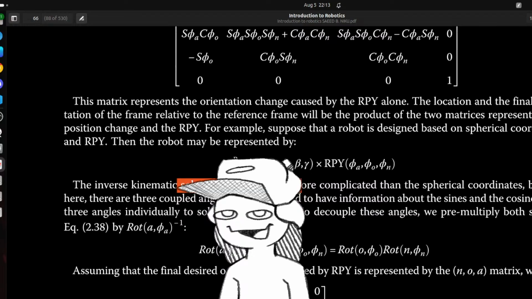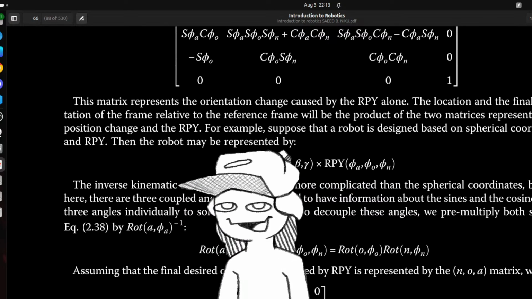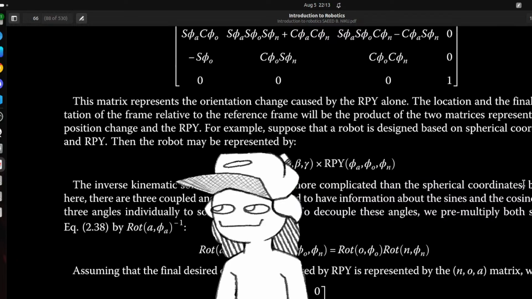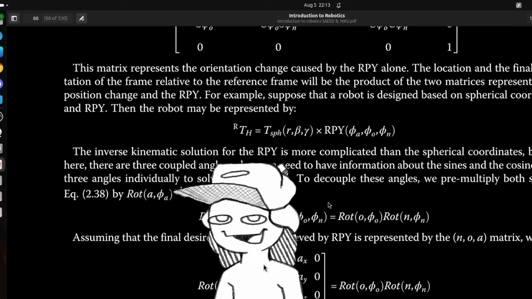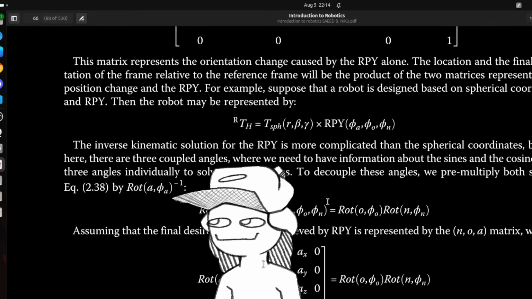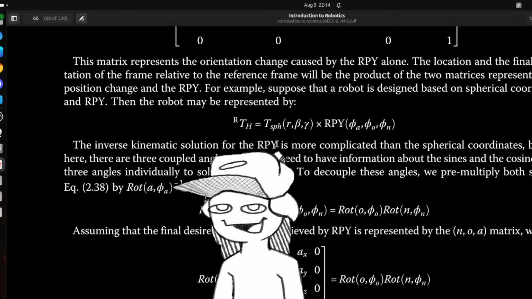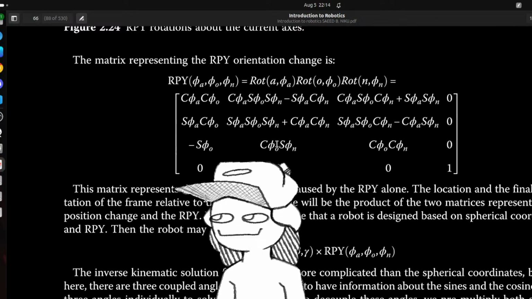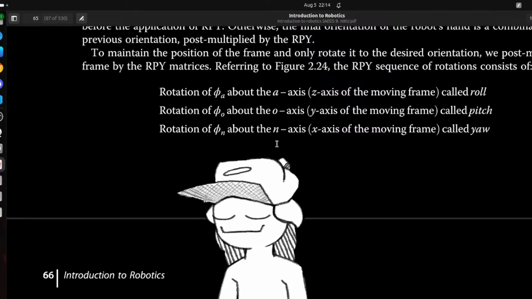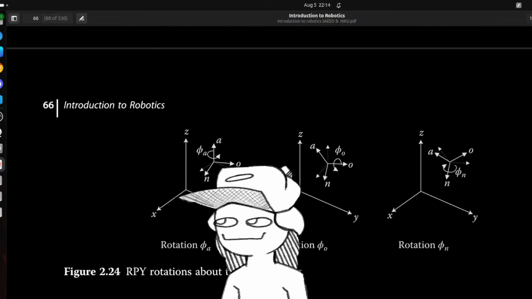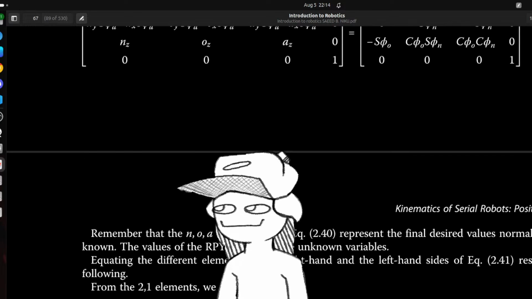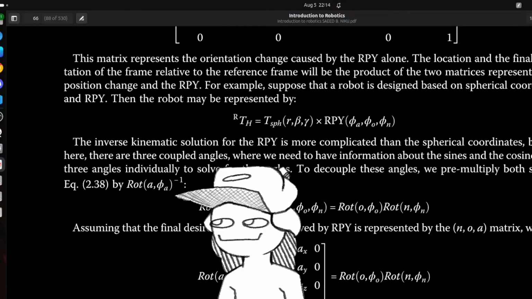Inverse kinematic solution for RPY is more complicated than the spherical coordinates, because there are three. Yeah, brother, everything is hard. Nothing is easy. Isn't RPY basically the articulated coordinates? Because I think the articulated coordinates operate on the same principle as well. Kind of no, actually. There are three different angles, and in this one, there are a couple.